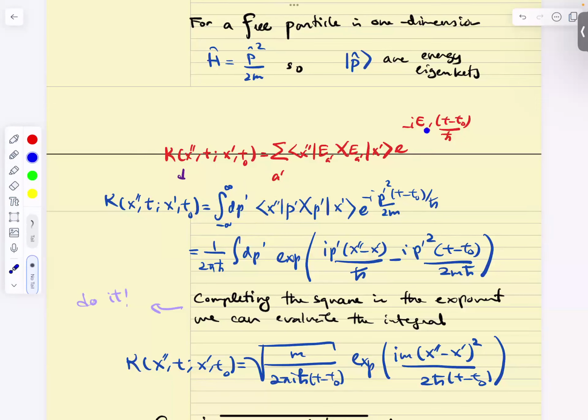And the rest is the same, where energy is just p prime squared over 2m. Good. So we're going to do this integral. What is this guy? We saw this before. It was e to the power of i p prime x double prime. What is this? This is just the same thing with x prime replaced by x double prime, complex conjugate of it, so it's a minus sign. This is the extra term we added. This is the integral we have to do. Any questions about what I've done so far?